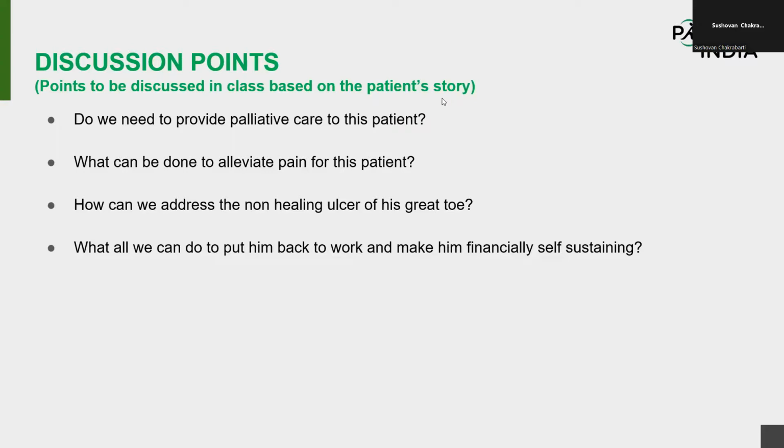So he suffers through pain all through the day, and he is spending sleepless nights because of so much pain. That is one of his greatest concerns, how we can tide over this situation, the pain. So I would like to ask, ma'am, what can be done to alleviate pain for this patient?